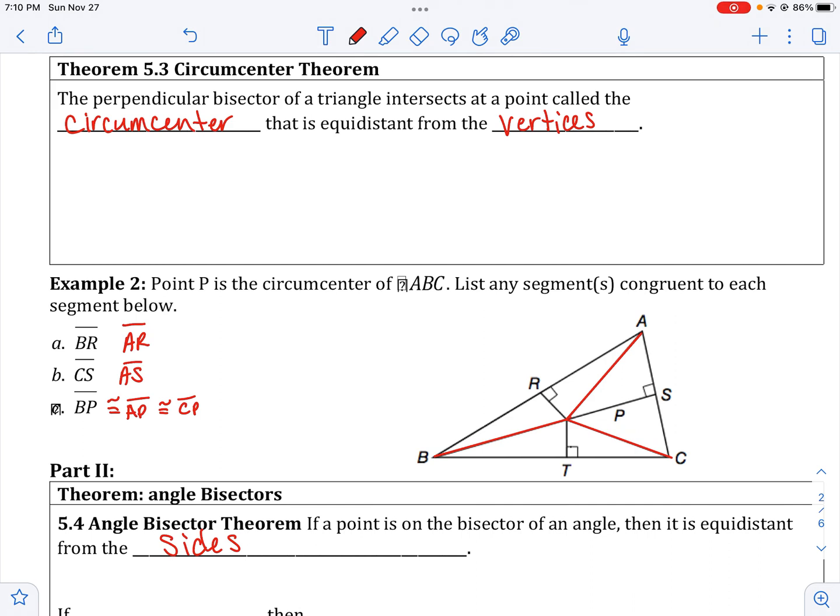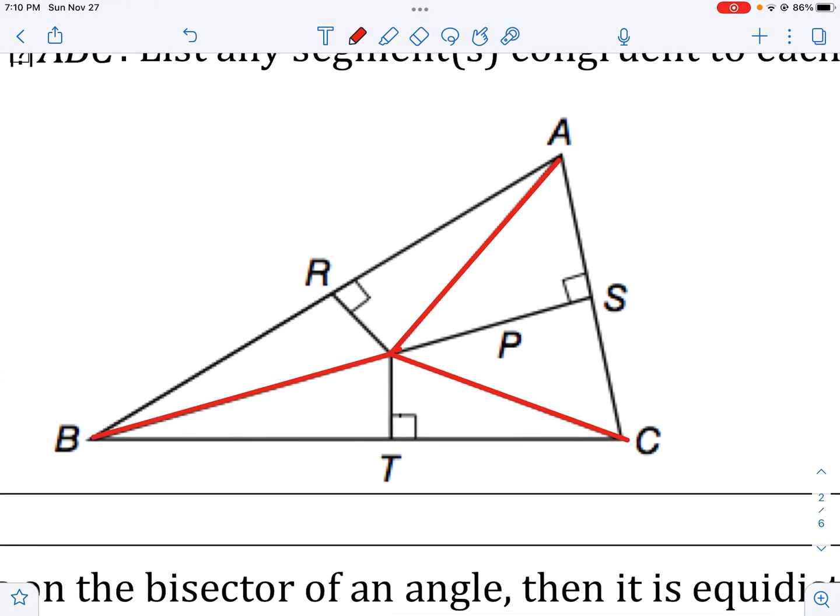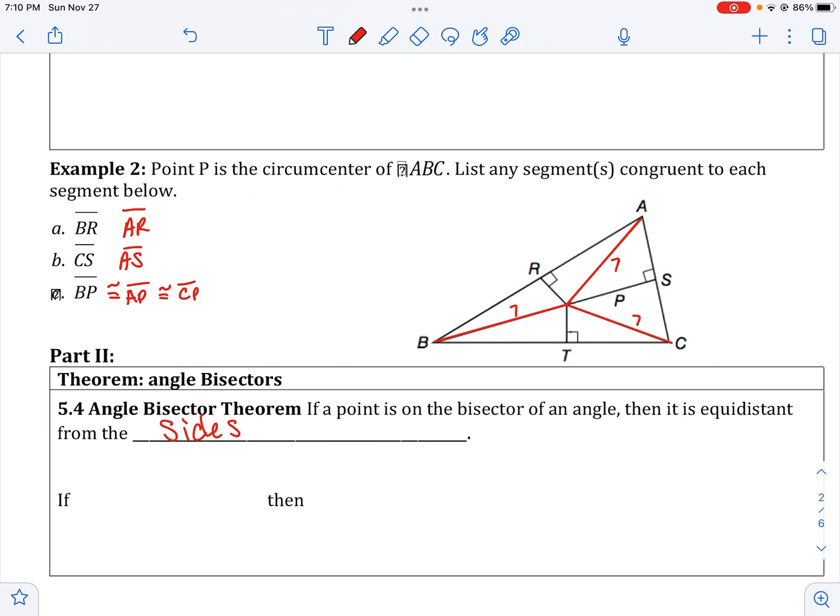So all those segments that go from the vertex to the circumcenter would all have to be equal. So if this is 7, then that would have to be 7, and this would have to be 7 as well. And we can talk about why that is later on, but for today I just want you to know that that theorem exists.